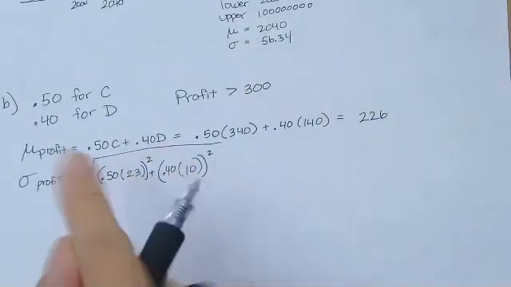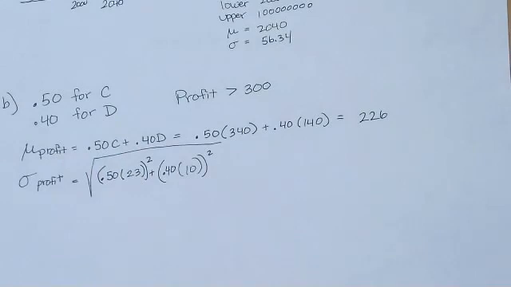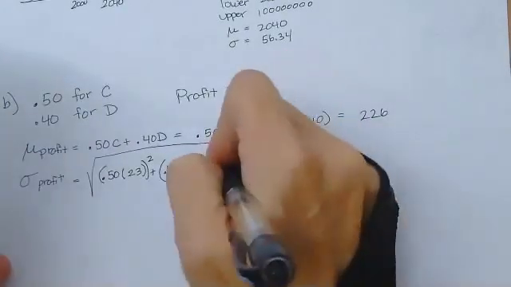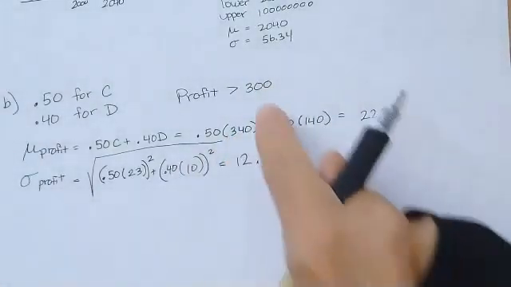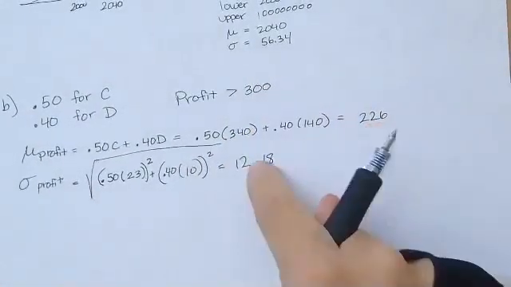And this is tricky. Look at that calculation there. It's really easy to not realize that that's what you have to do. So 0.5 times 23, then I square that, plus 0.4 times 10, I square that, and I get 12.18.